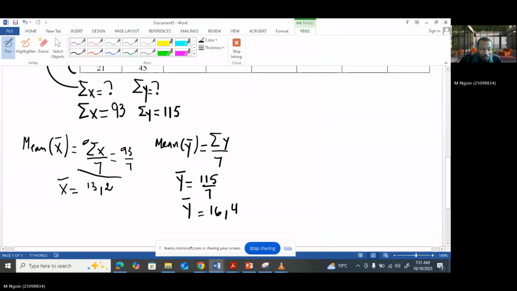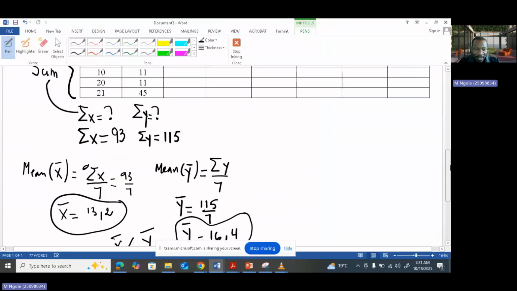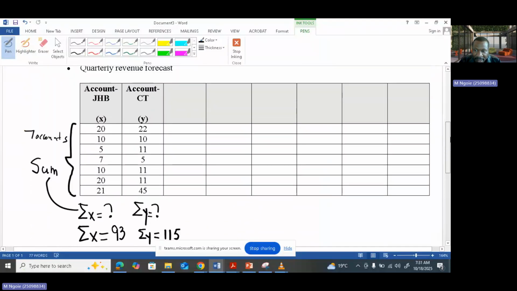So this is the average for column X, and this is the average for column Y. You can see that the average for column X is less than the average for column Y, right? So as a data science practitioner, you can already say something about this average. This is how to get the average when you have this Excel sheet.